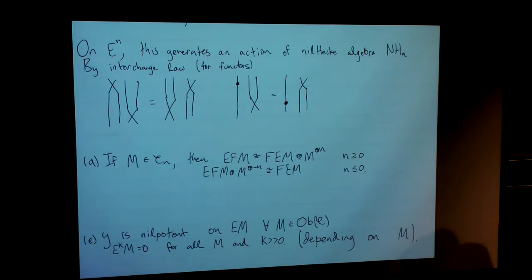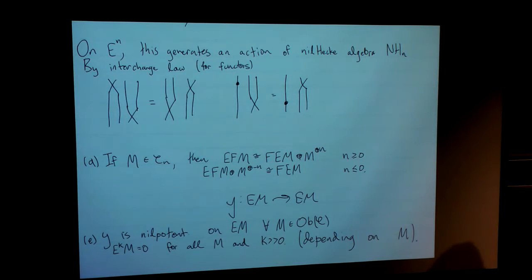And then I have a couple of technical conditions I needed. So for any object M, I look at E times that object, and Y acts on that. Right? It gives me a map Y from EM to EM. And I want that to be nilpotent. Now, this is not saying that any particular power applies.